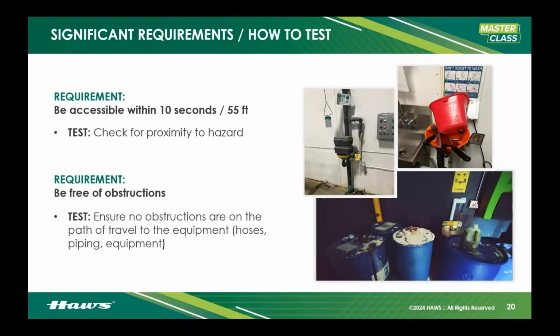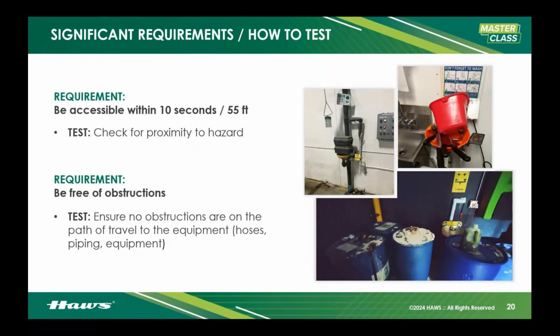Second, in conjunction with the first, it has to be free of obstructions on your way from hazard to unit. We cannot create an obstacle course on the way to the emergency equipment. I think those are rat traps on the top left in the photos. Nobody wants to dig into the top right one, especially if you don't have very good use of your eyesight.